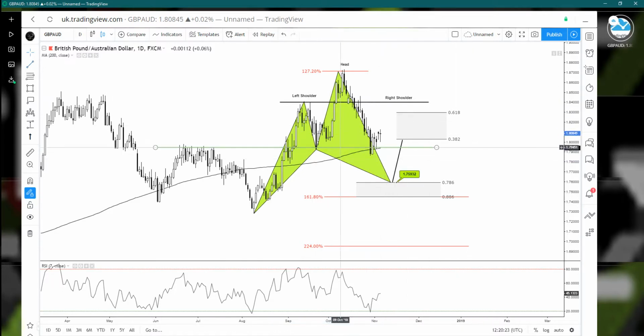I like to identify one horizontal neck zone. This is not so clear, but it's a horizontal neck zone, and I need the right shoulder to close below the left shoulder highs.